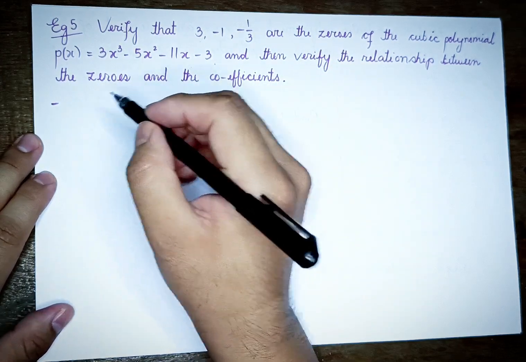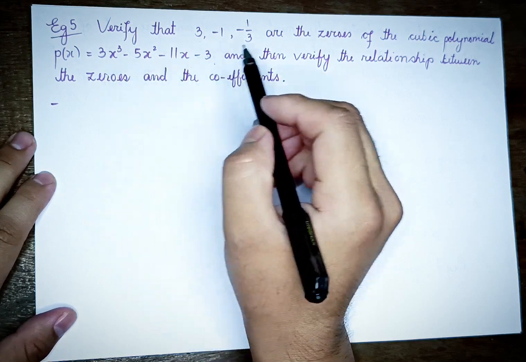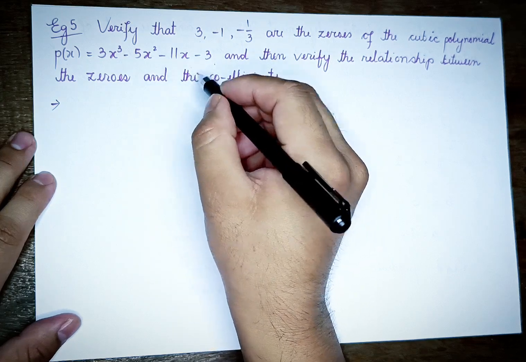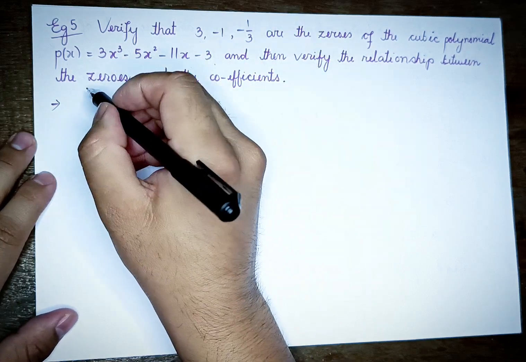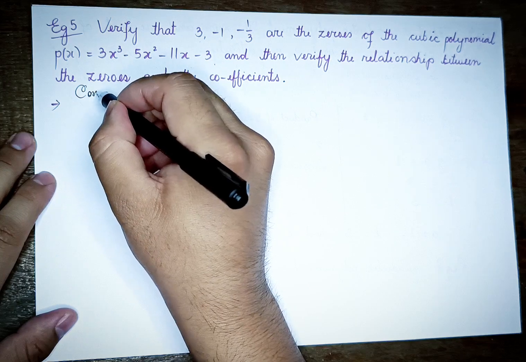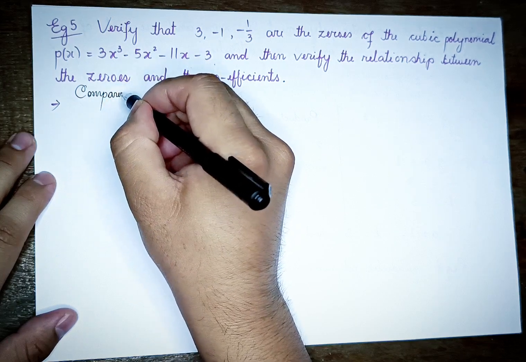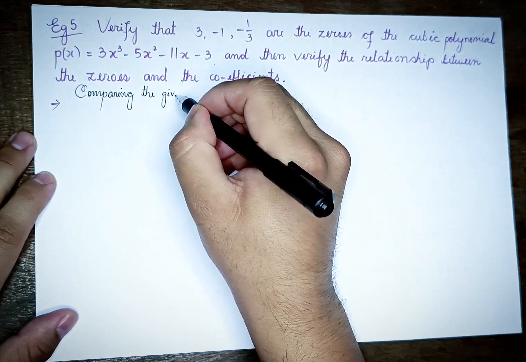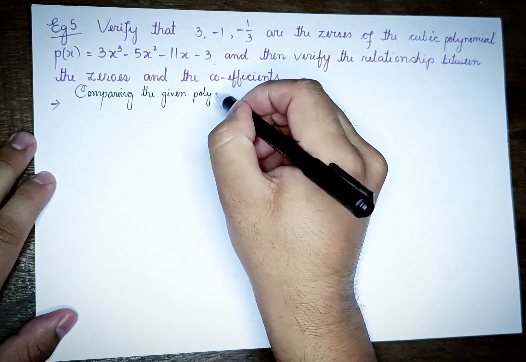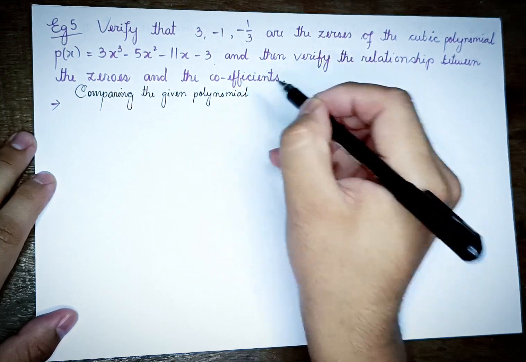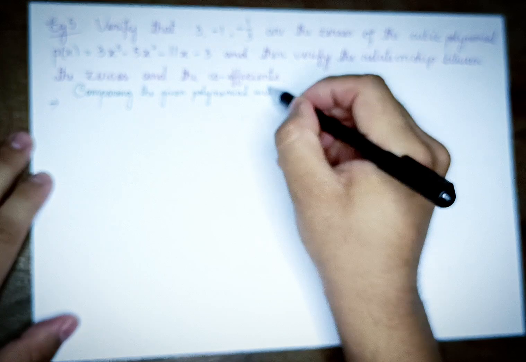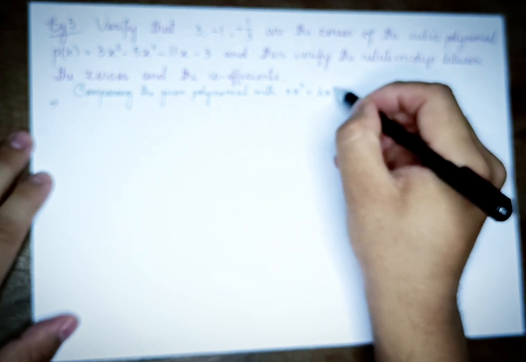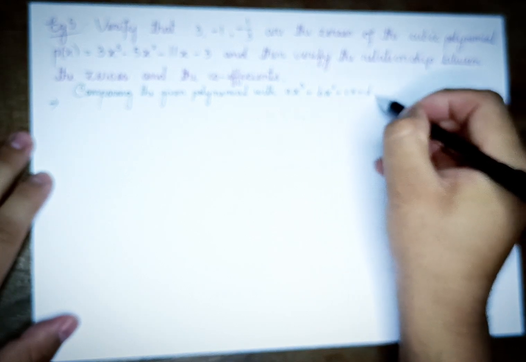Okay, let's find out. First, let's find the values of a, b, c, d. How will you find them? We will compare the given polynomial with the general form ax cubed plus bx squared plus cx plus d.